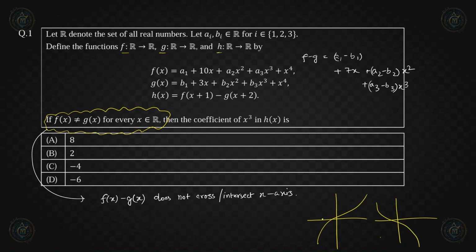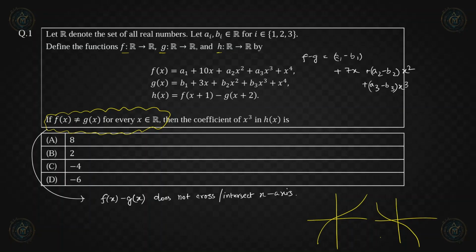That means we have to have at least one root. That is the catch. If f minus g is a cubic, at least one x must exist such that f(x) minus g(x) equals 0, that means f(x) equals g(x).